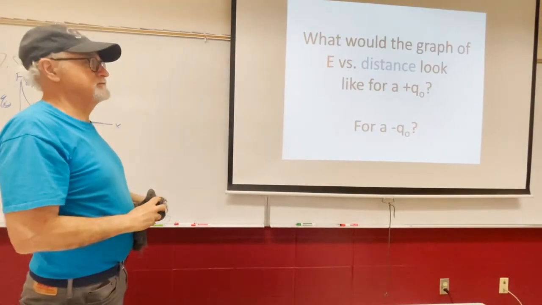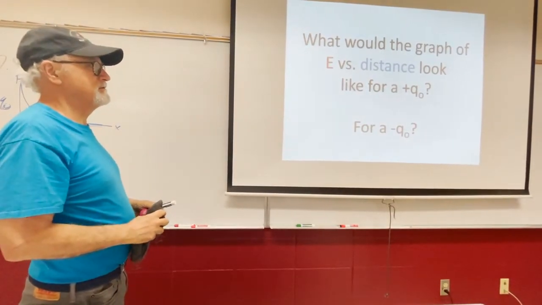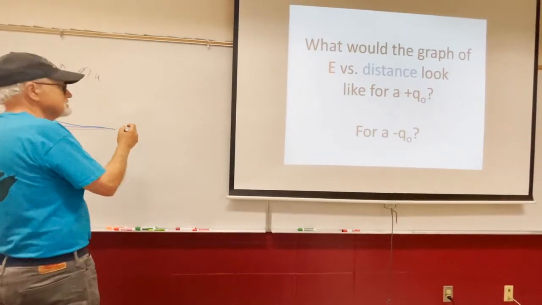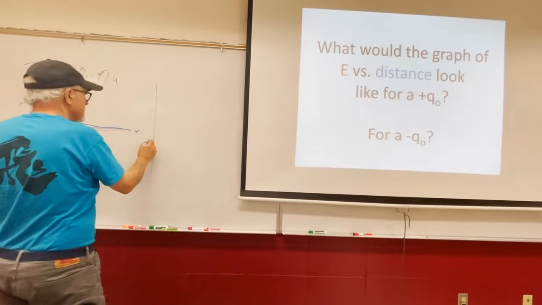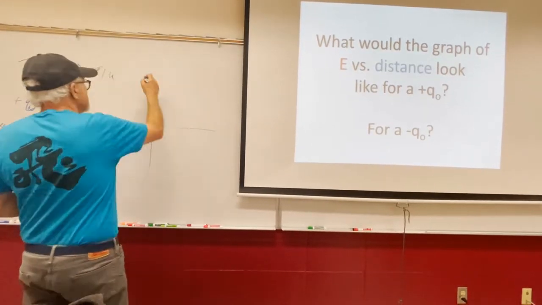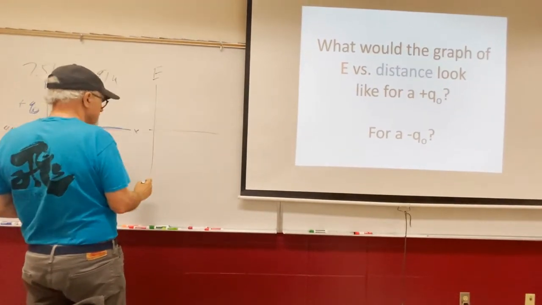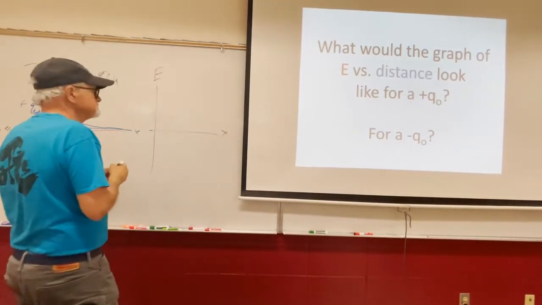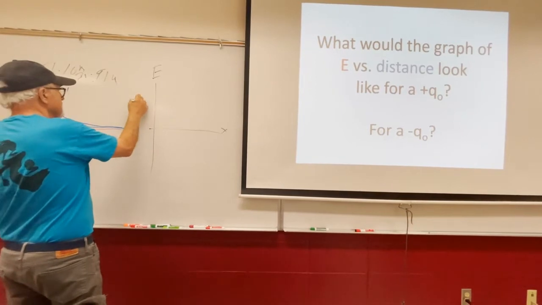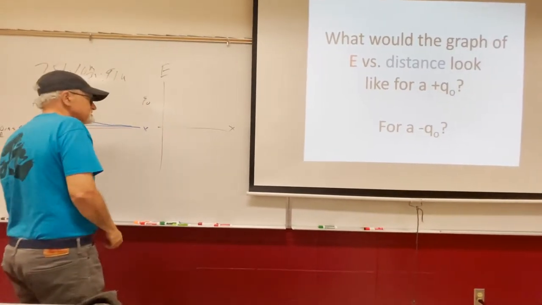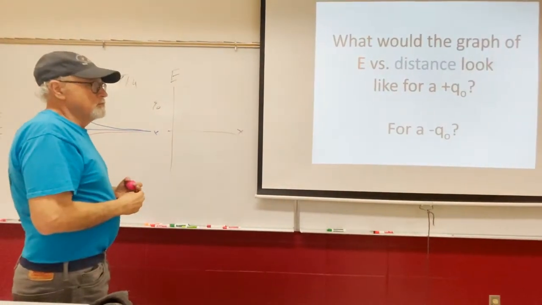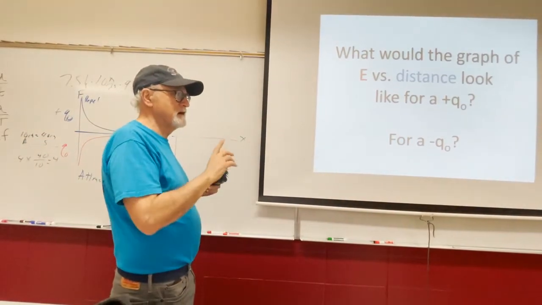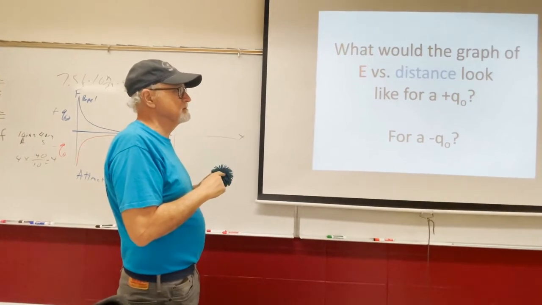What would the graph of E versus distance look like for a positive test charge? Is it the same? This would be X. So if we have a positive test charge, the direction of the field is out from the positive into the negative.